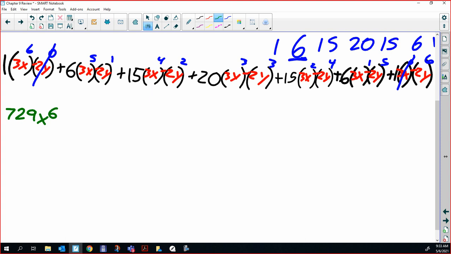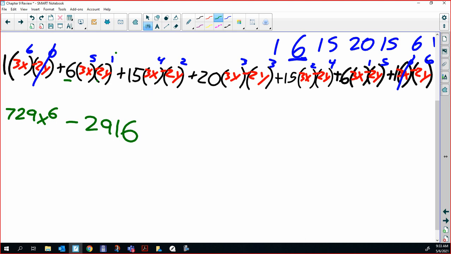Then we have 6 times 3 to the 5th times negative 2 to the 1st. 6 times 3 to the 5th times negative 2. Negative 2916.